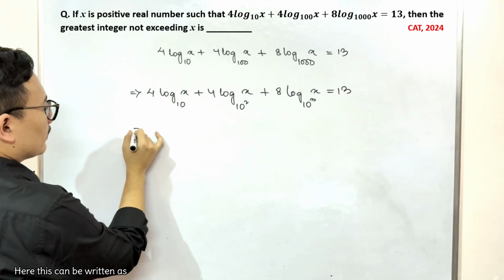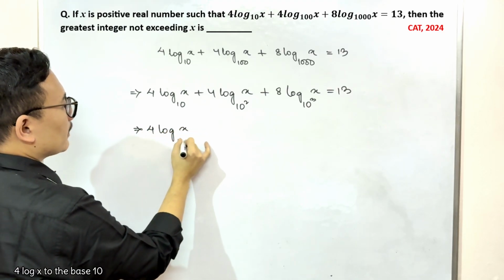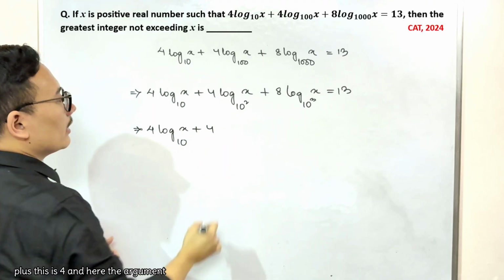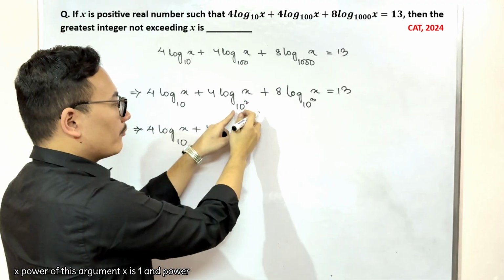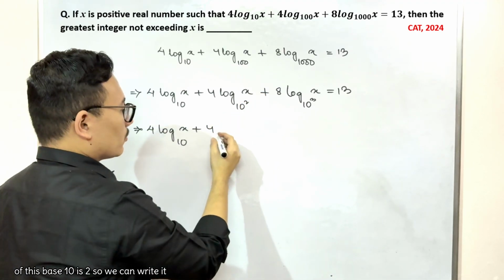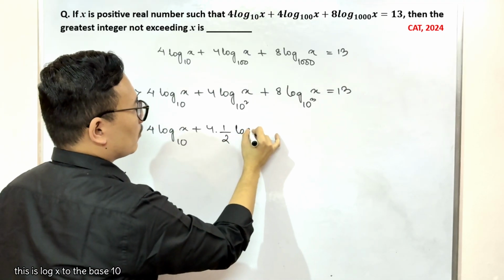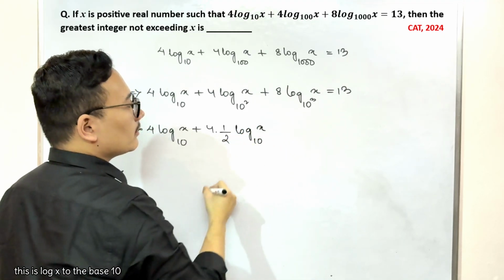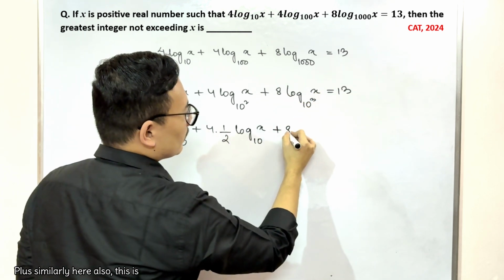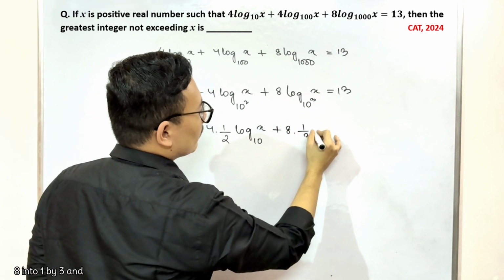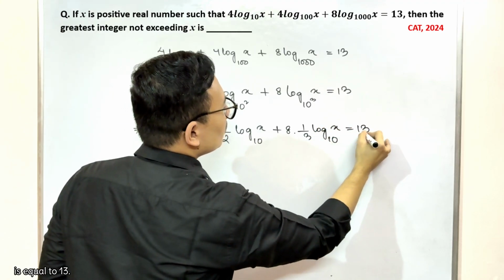Here this can be written as 4 log x to the base 10 plus 4. And here the power of the argument x is 1 and the power of the base 10 is 2. So we can write it as 1 by 2, log x to the base 10, plus similarly here also 8 into 1 by 3, log x to the base 10, and this is equal to 13.